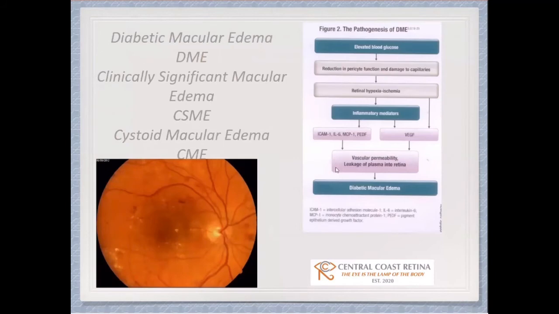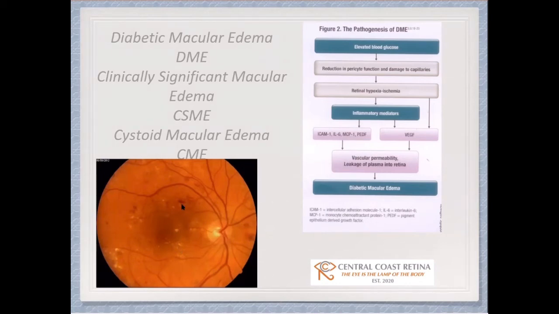A lot of different cytokines and inflammatory mediators have been associated with the ischemic retinal disease. One of the most common problems in diabetics when they break down the blood retinal barrier is leaking. So you can see actually these yellow spots, those are fat and protein deposits into the retina.